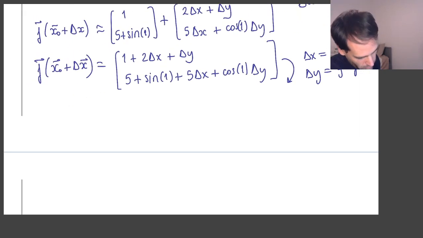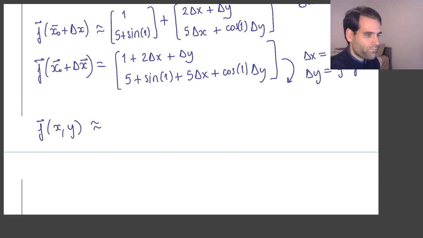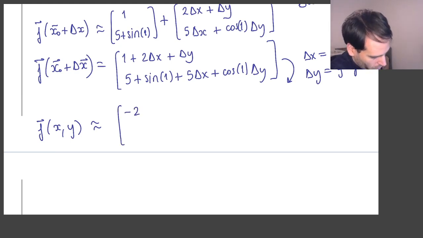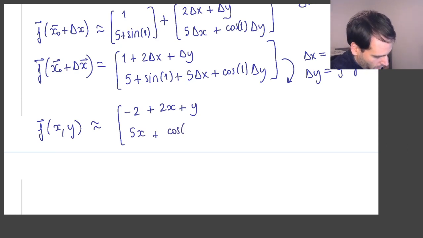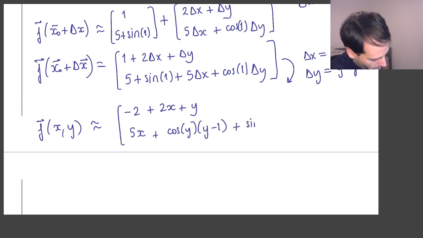If you do that substitution, you arrive at a function in terms of x and y, which is approximately equal to, minus 2 plus 2x plus y, and here you end up with 5x plus cosine of 1 times y minus 1, and then plus sine of 1.